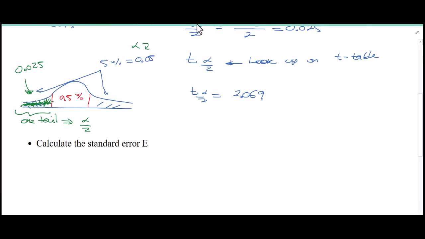The formula is E equals t sub alpha over 2, the value we just found, times s over root n. So we put in 2.069, sorry, my handwriting is awful on the tablet, that's our critical value, times s over root n.